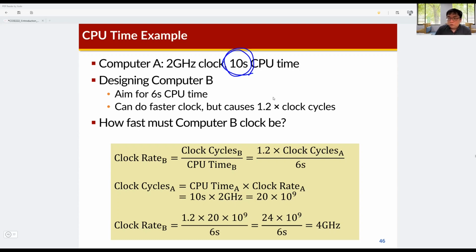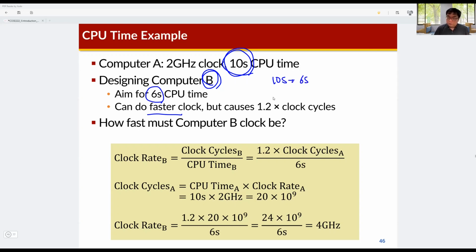And then let us assume that you are requested to design a new computer, computer B, and the goal of this design is to reduce the CPU time to 6 seconds. It's less than this CPU time. And for this design, we need to use a faster clock, right? The CPU time is reduced from 10 seconds to 6 seconds.